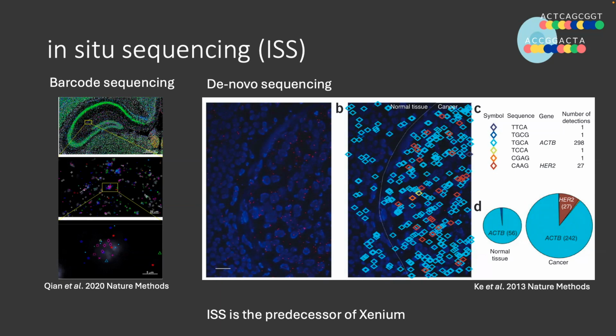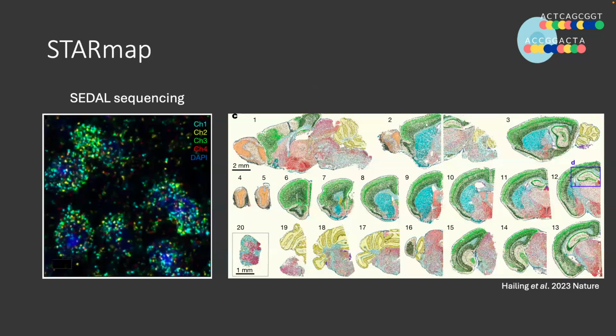The other group of methods in this section is StarMap, and they use a slightly different sequencing approach, a slightly different padlock design. They use serial sequencing, and they can also do that to map many genes over very large tissues.